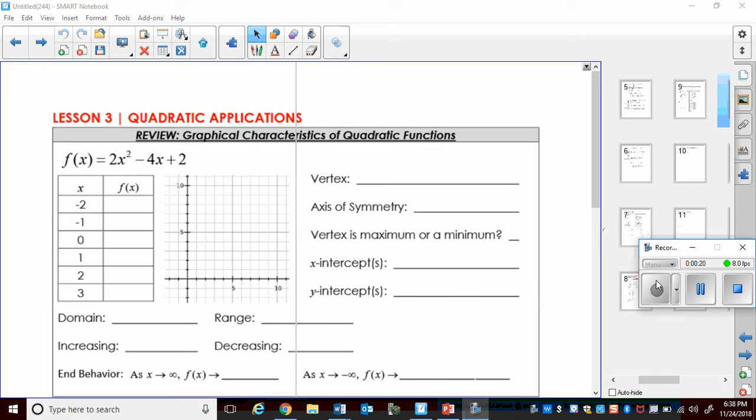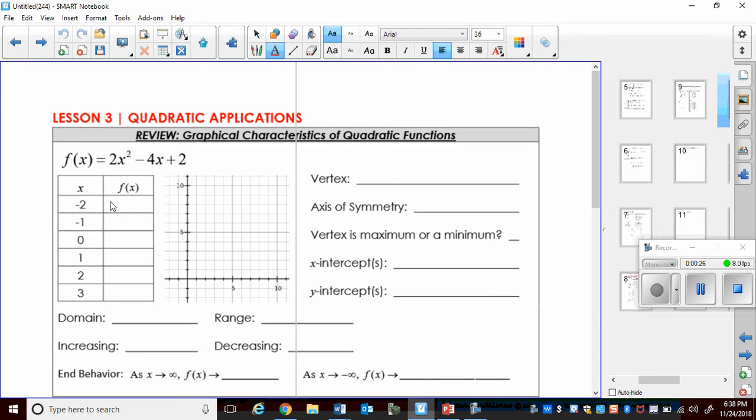If you put that equation into your TI-84, you can go to y equals, insert the equation, and then you should be able to go to your table and get a list of values.